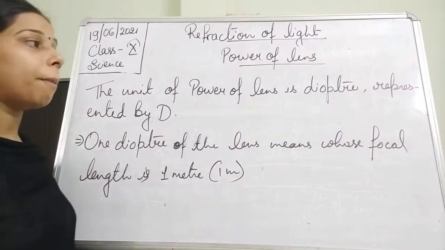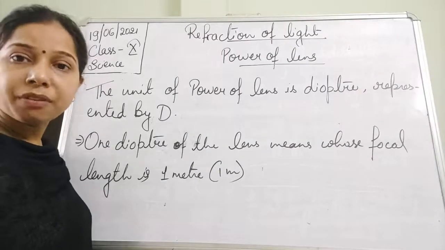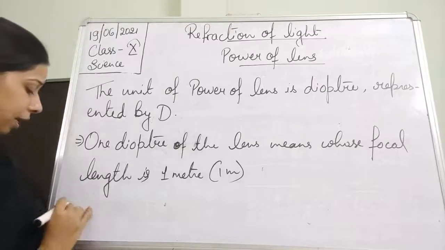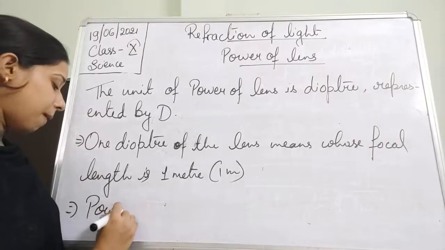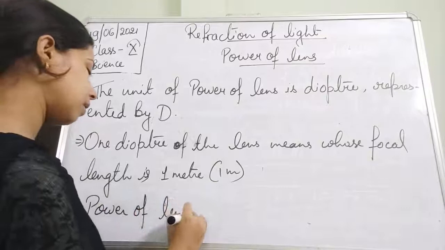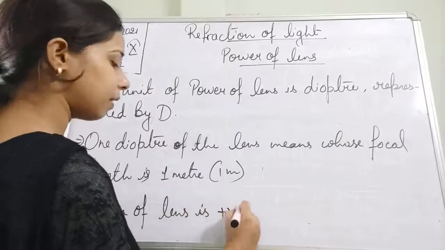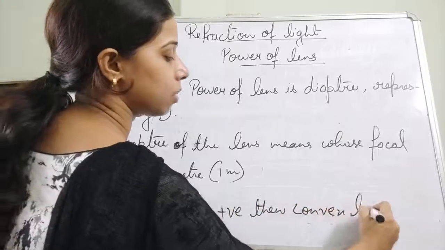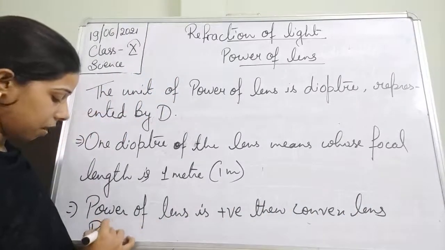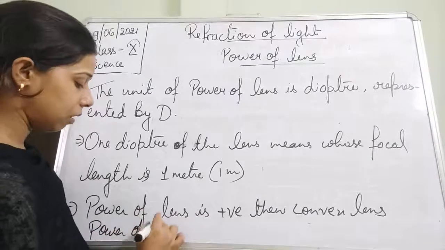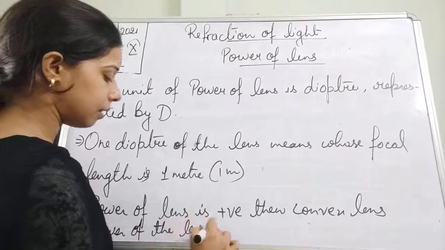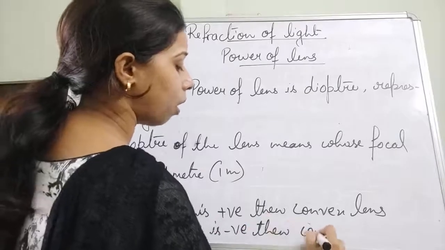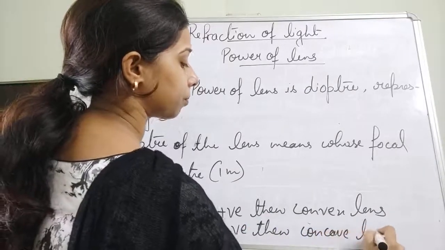So if the power of the lens is positive, then it is a convex lens. Here one more thing I should add, that is, if the power of the lens is positive, then it is a convex lens, and if the power of the lens is negative, then it is a concave lens.